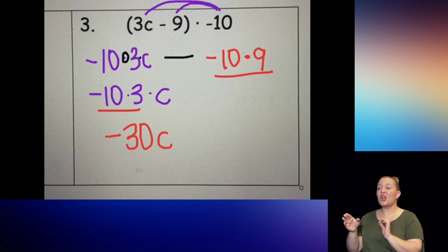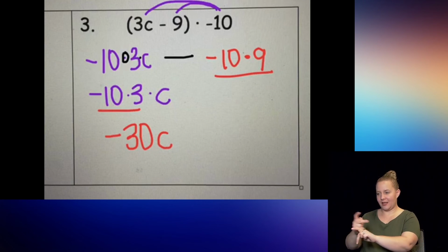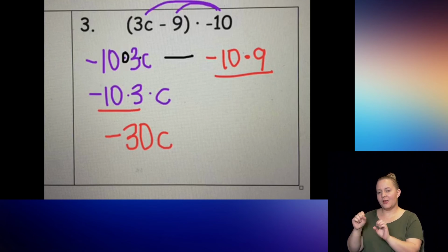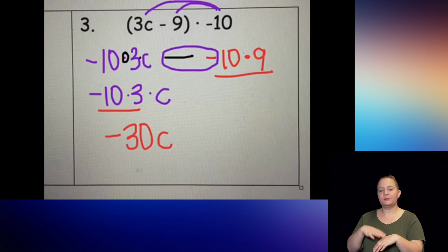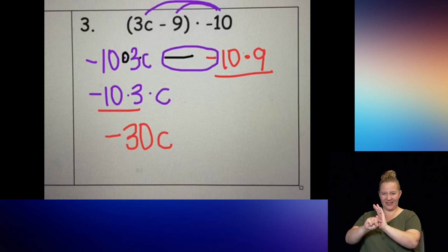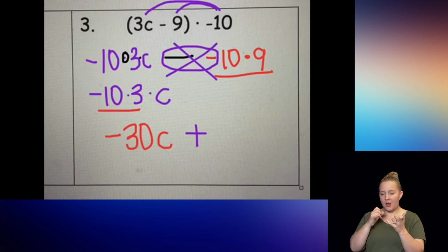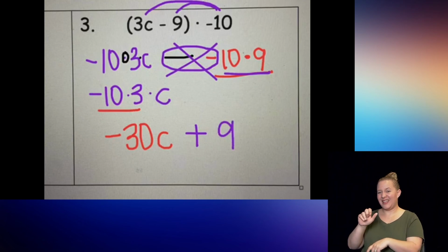So negative 10 times 9 would be, or, notice in math you can do things in whatever order you'd like. Here, if you see this minus a negative right next to each other, feel free to go ahead and make that a plus sign. But when you make that a plus sign, you are not going to use the negative anymore. You are just looking at 10 times 9, which is now 90.